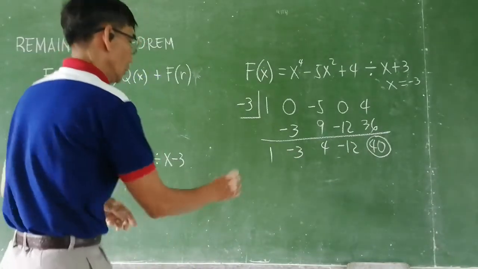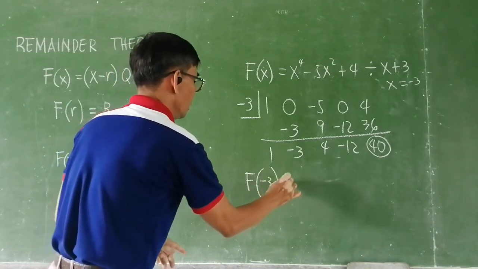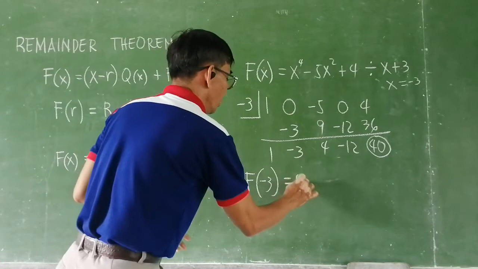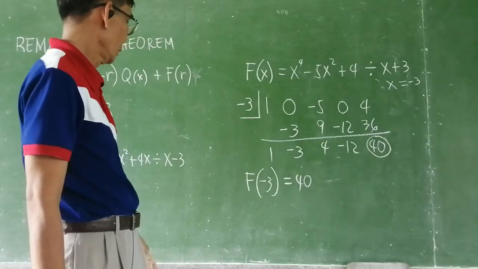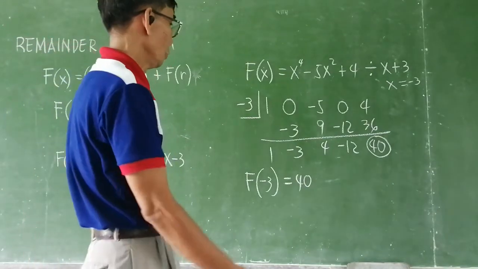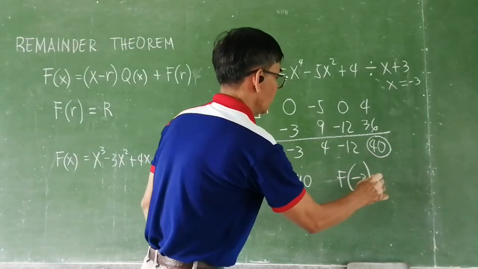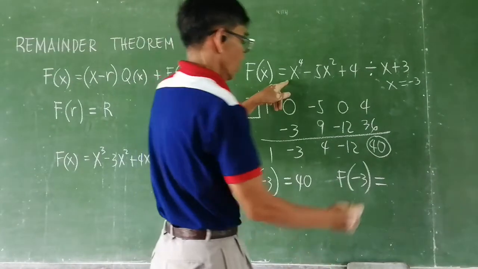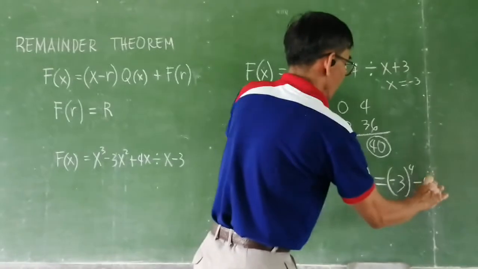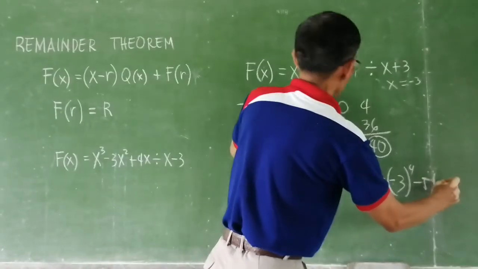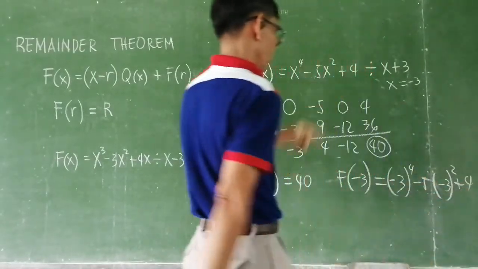So meaning to say that f at negative 3 is equal to 40. So that is the remainder. We can also use substitution. So f at negative 3 will be equal to negative 3 raised to the fourth minus 5 times negative 3 squared plus 4.